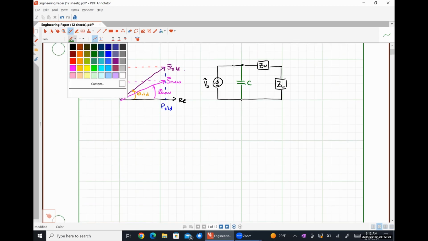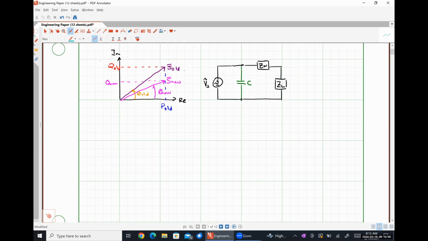So let me put this in this light blue thing here, right? So this difference between these quantities is the amount of reactive power that our capacitor has to supply, right?